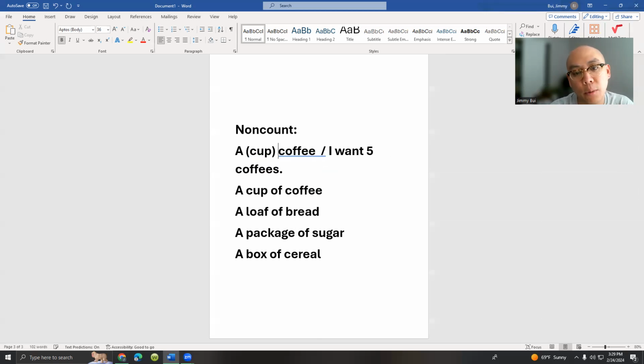So if I say I want a coffee, what I am saying is I want a cup. So a coffee is the same in spoken language as a cup of coffee. And so that is implied, and this means essentially the two parties know what the reference is.